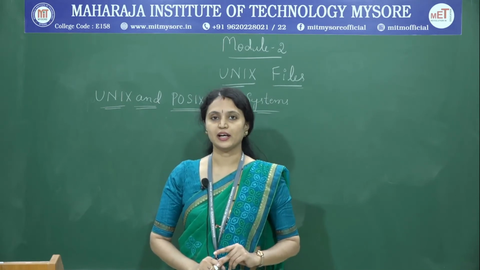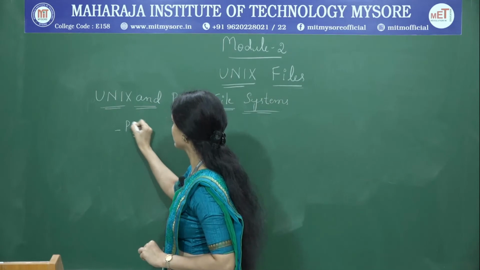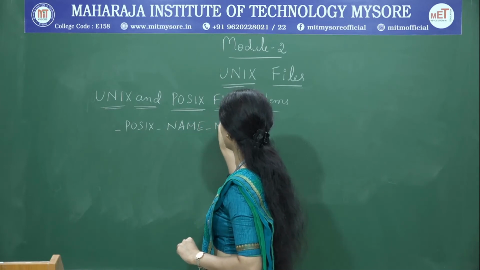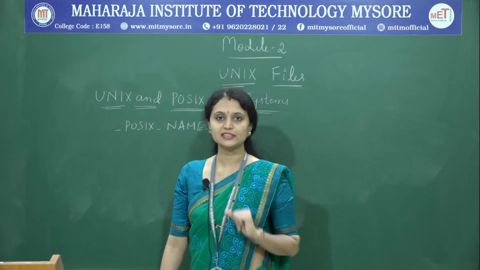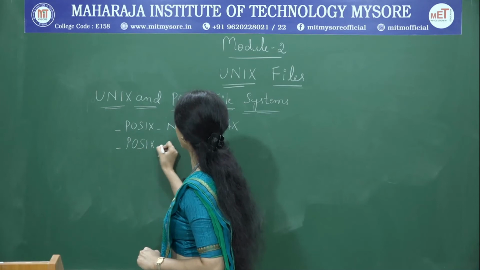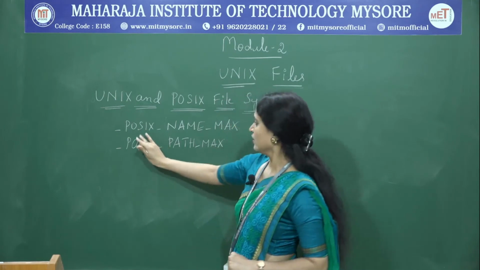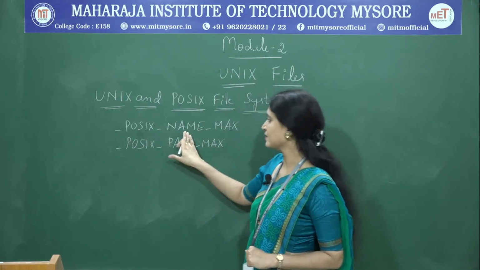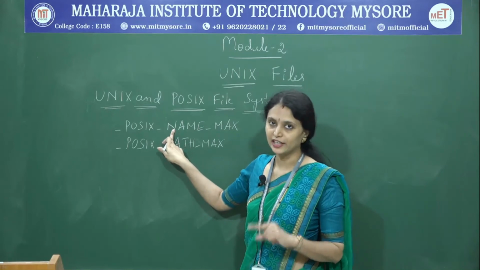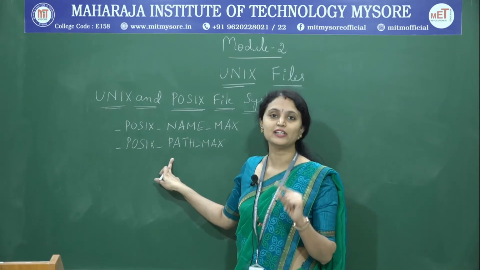The POSIX.1 standard has two manifest constants: one is POSIX_NAME_MAX, and another one is POSIX_PATH_MAX. The first constant provides the limit for the maximum length of the file name, whereas the second constant gives the limit for the maximum length of the path name.